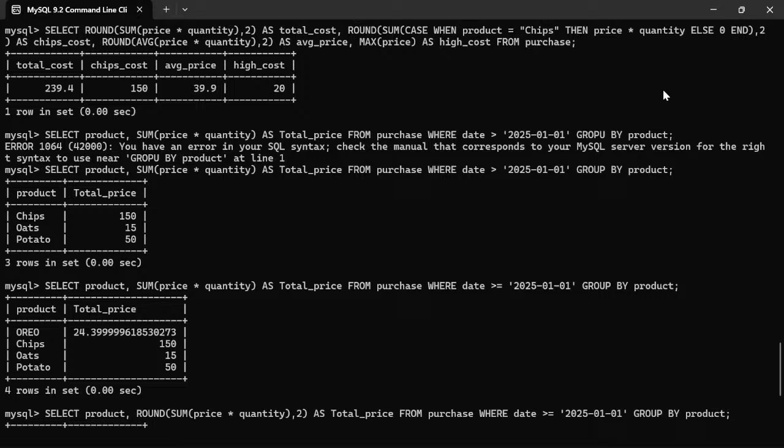Alias doesn't work with the where clause. So it is better to use the case when then clauses rather than using the where clause.